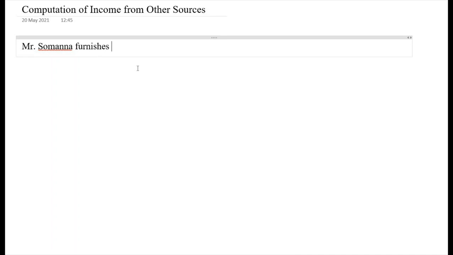Mr. Somanna furnishes you the following information relating to his investments for the previous year 2019-20.